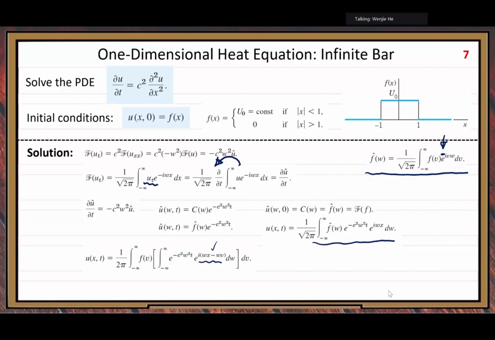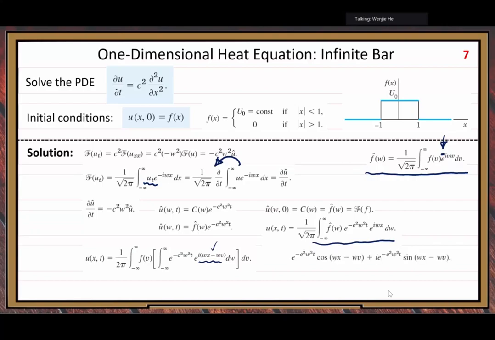Now, the only complex part is in this last E function. Let's apply Euler's formula to separate the real part and the imaginary part.